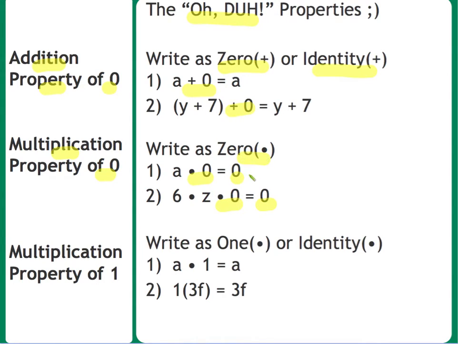And the last ODA property is if you multiply something by 1, we get the multiplication property of 1. Anything times 1 is just itself. So a times 1 is itself. 1 times 3f is 3f. So it's another identity property because whatever we start with, if we multiply it by 1, we get that same value.